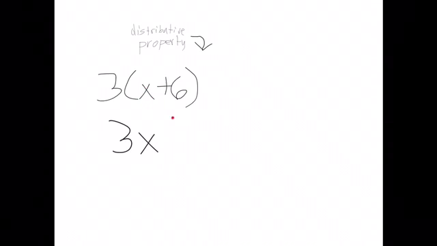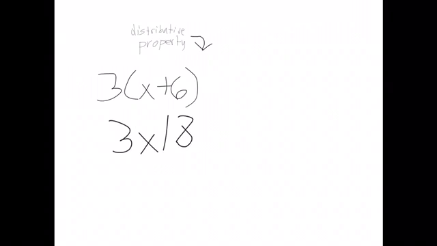Now we're going to do 3 times 6, which we know is 18 from our multiplication in 2nd or 3rd grade.